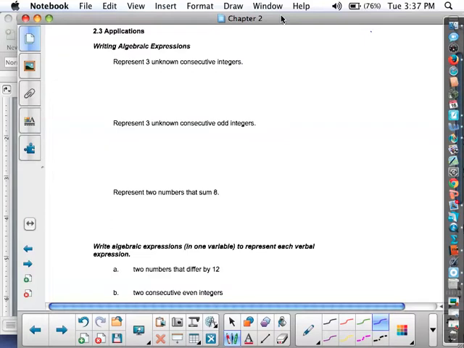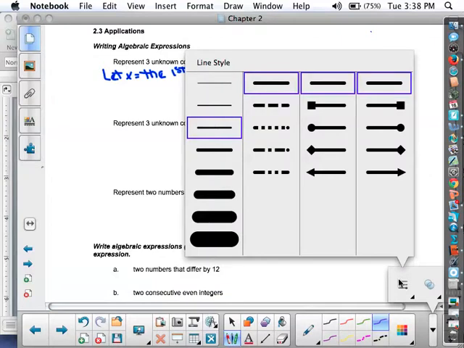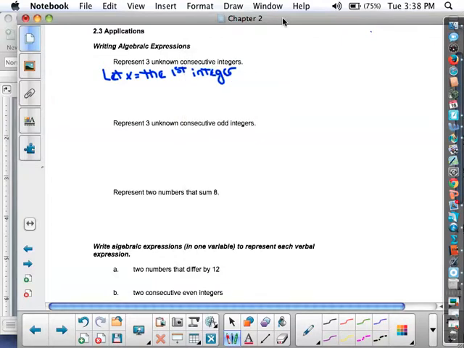So the first thing is to let x equal the first integer. So then, if x is the first integer, x plus 1 is the second, and x plus 2 is the third integer.